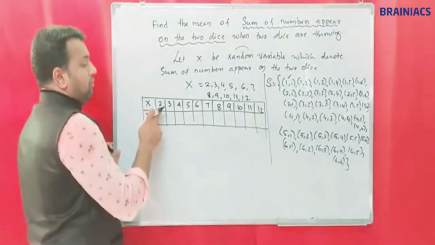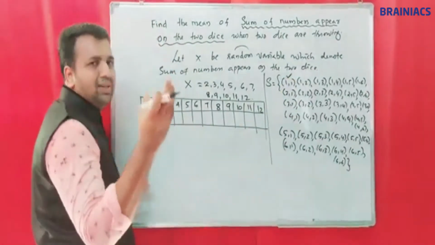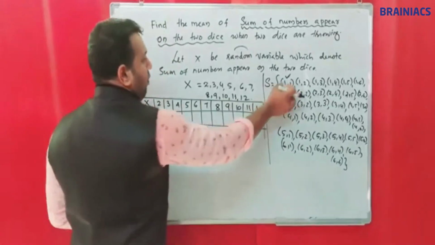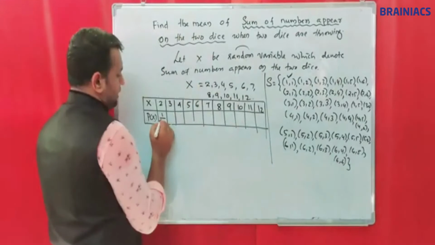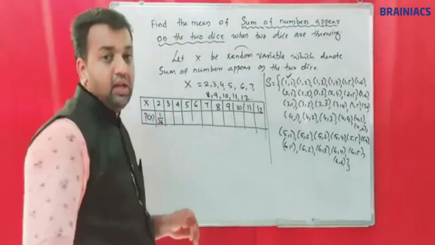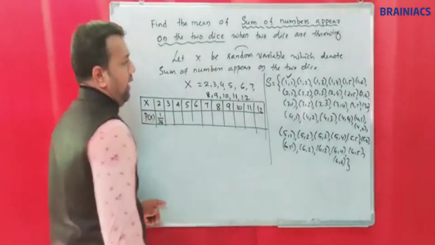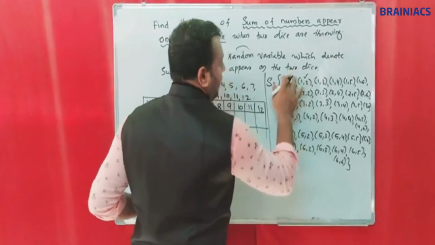In the case of sum 2, there is only one outcome that gives the sum 2. So the probability is favorable 1 by total 36. 1 by 36 is the probability for sum 2. And for sum 3, there are two outcomes that give sum 3.